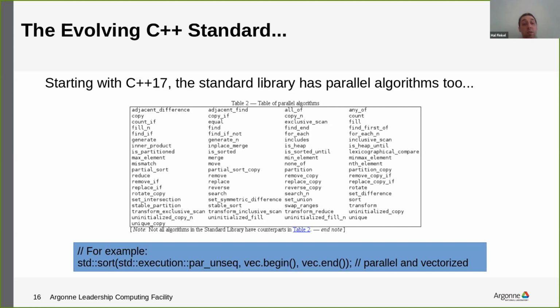But the idea is that you have an ability to support parallelism. And the concepts from Kokkos, from SYCL and OpenMP and other sources dealing with execution spaces and affinity and placement and data movement are all being considered as proposals are being written to evolve the C++ standard in the future.